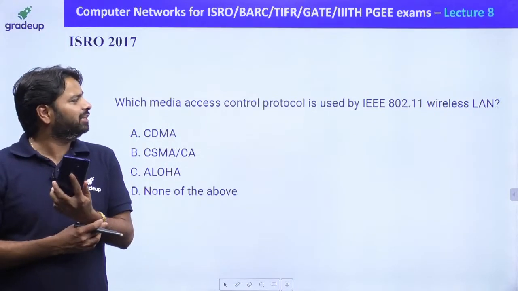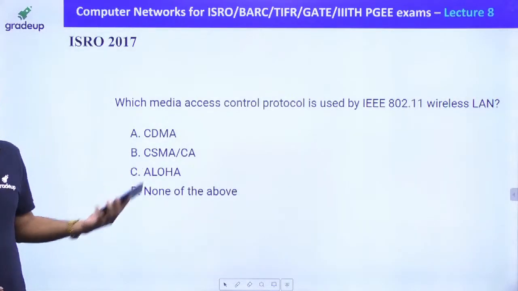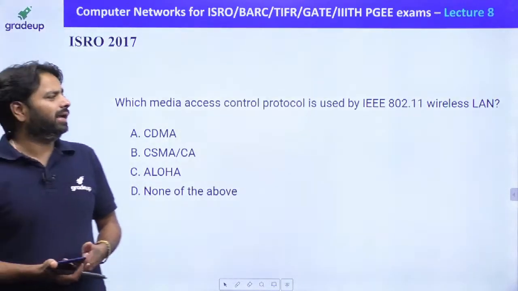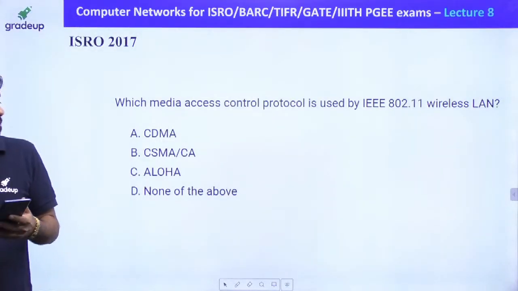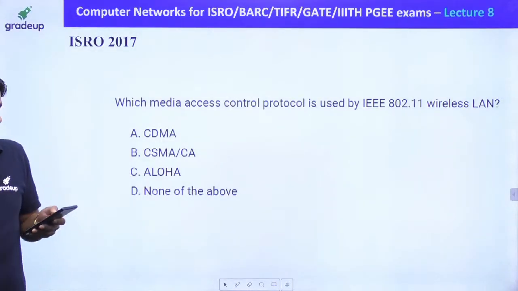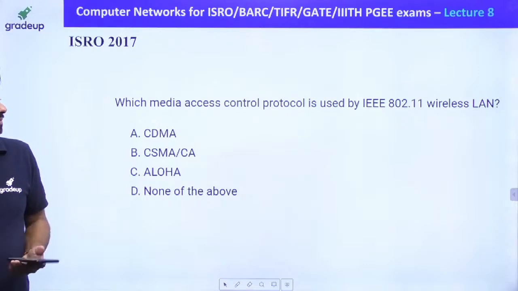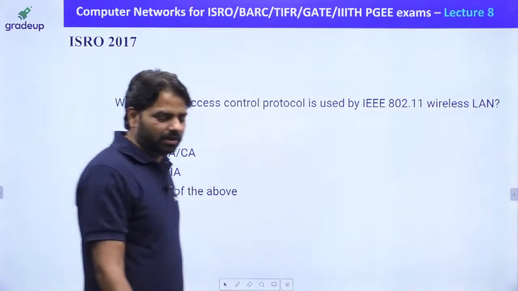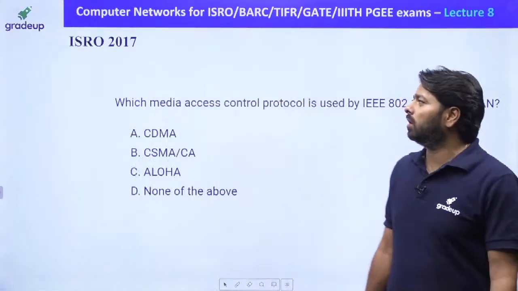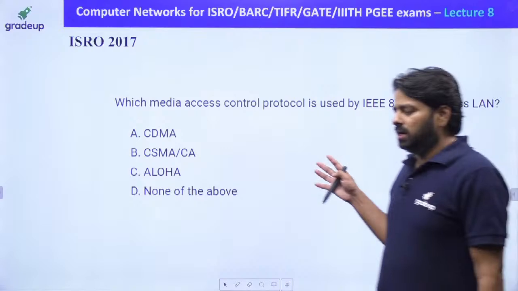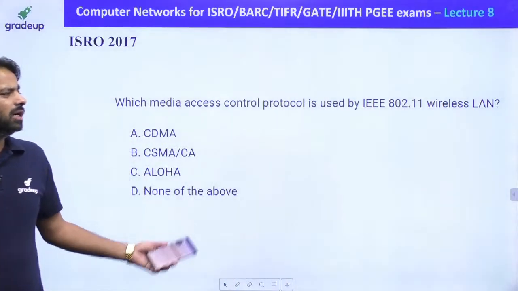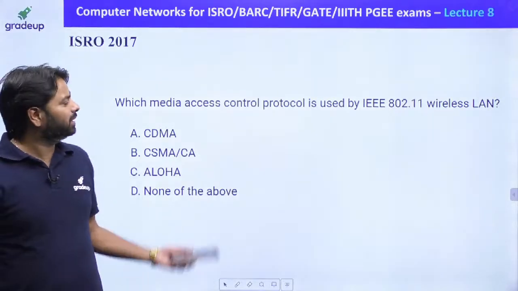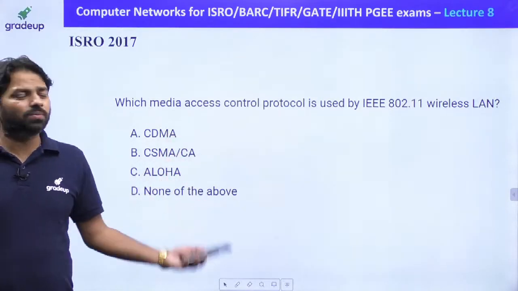Which media access control protocol is used by IEEE wireless LAN? Yeah. Have you seen how much time it takes if you already have the knowledge? And this is how you should save the time. Theoretical questions, if you are not able to answer, keep on moving further, because this also costs negative marking in ISRO.